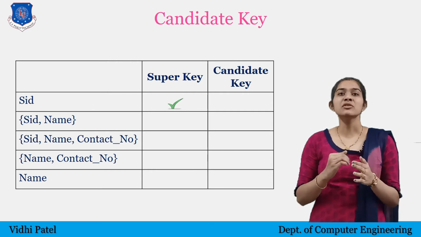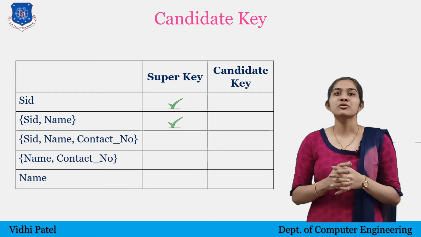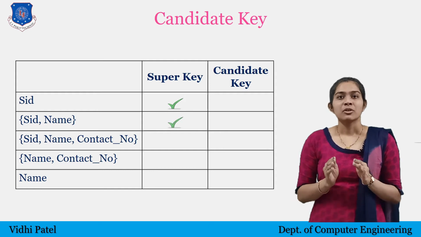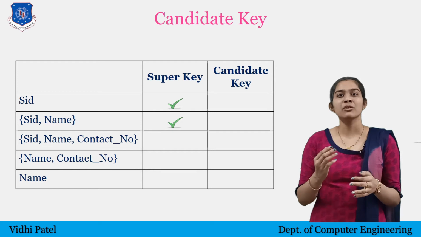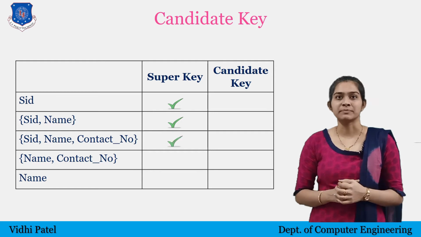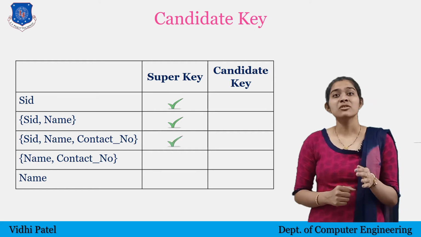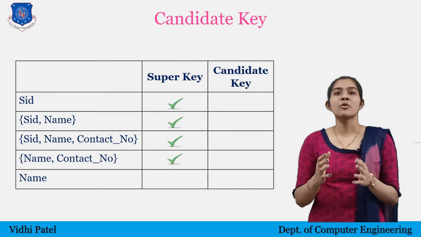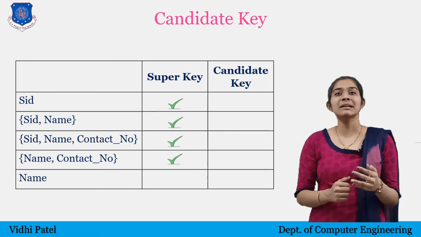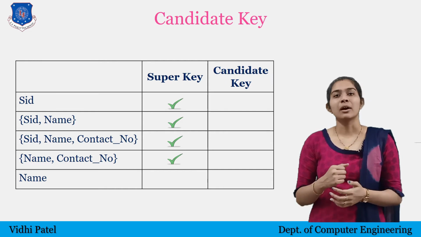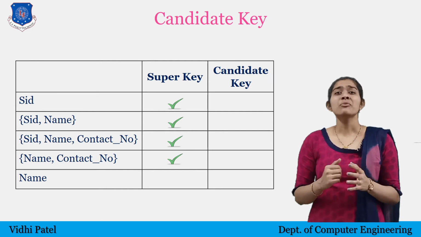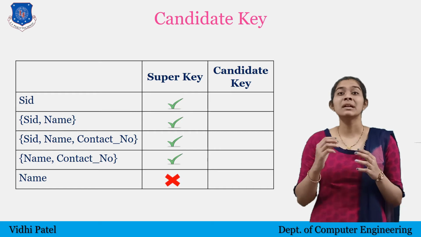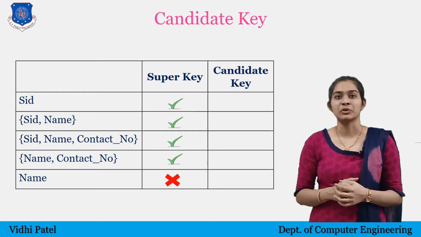So, the combination of student ID and name can be a super key, and the combination of student ID, name and contact number is also a super key. Now, the combination of name and contact number can be a super key because using the combination we get a unique tuple from the relation. Now, name. Name cannot be a super key because we get multiple values for a single attribute.